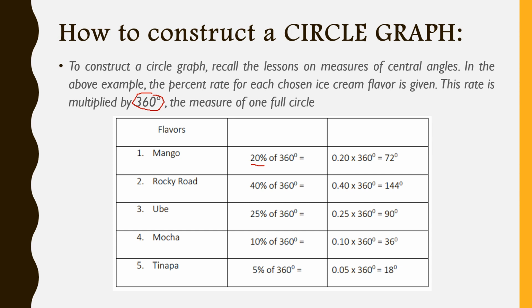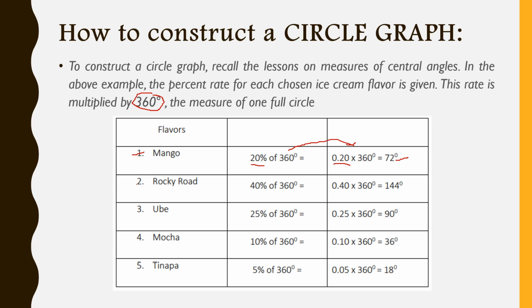For example, for mango, since it is 20%, we are going to multiply 20% times 360. In the next column, you will see 20% written as a decimal. So for us to multiply a percent by a number, we have to first change it into decimal. The equivalent of 20% is 0.20. Multiplying it by 360 degrees, the result is 72 degrees.